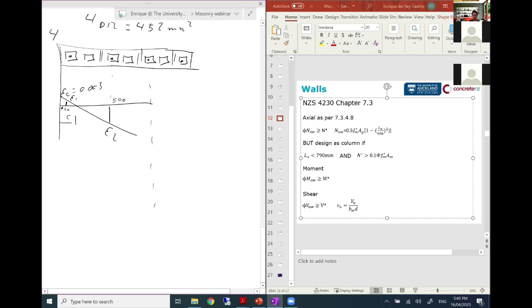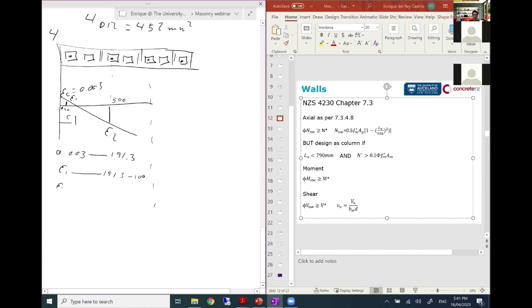What I'm going to do is similar triangles. I'm going to use the strain in bar number 1 and my strain in bar number 2. So basically what I'm saying is 0.003 over 191.3, that's C, as the strain in the first bar over C minus the distance of the first bar.